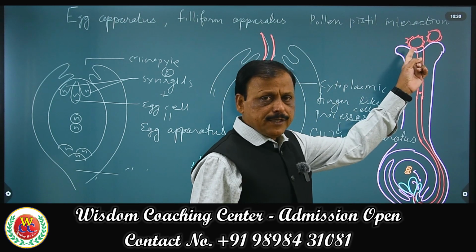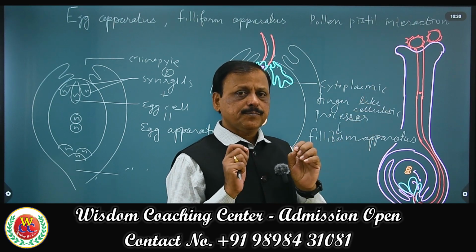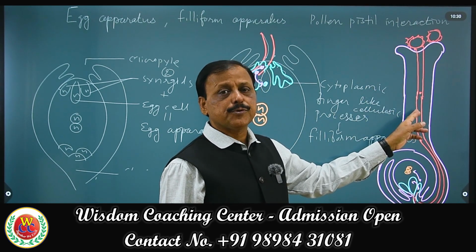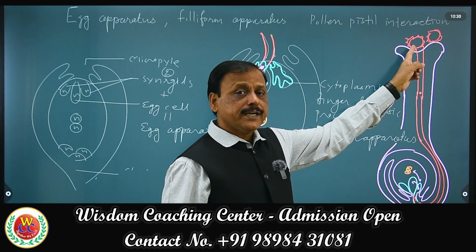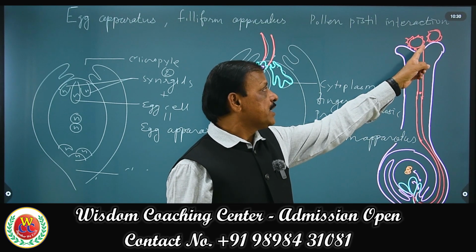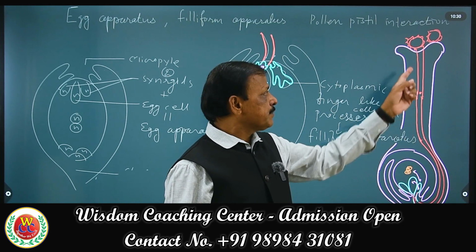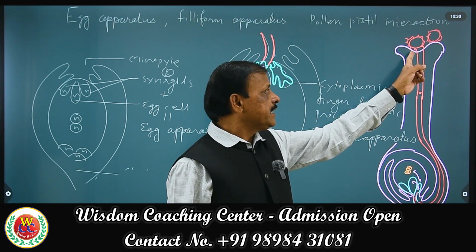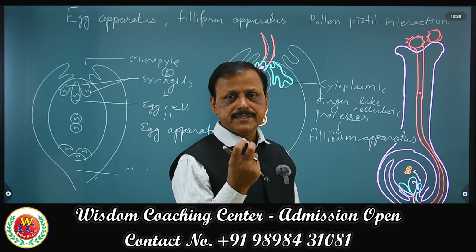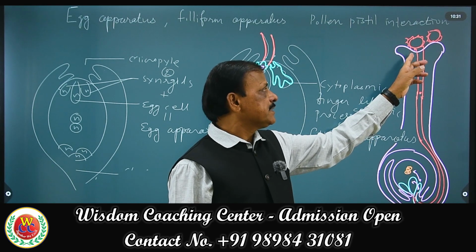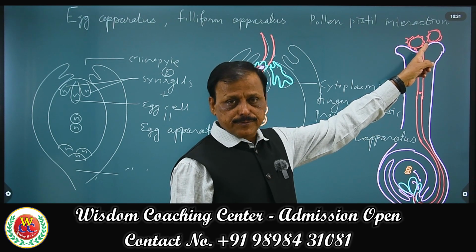In pollen pistil interaction, only pollen belonging to the same species is allowed to develop the pollen tube. Pollen grains belonging to non-self will not be allowed. It is because of a biochemical dialogue between pollen grain and stigma. The stigma is receptive to pollen grains of the same species; otherwise it won't allow the pollen tube to develop.